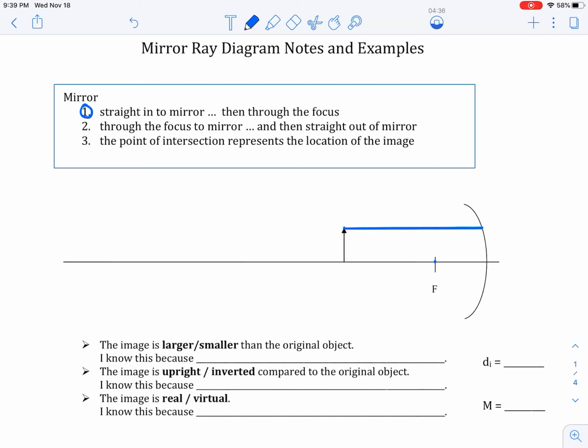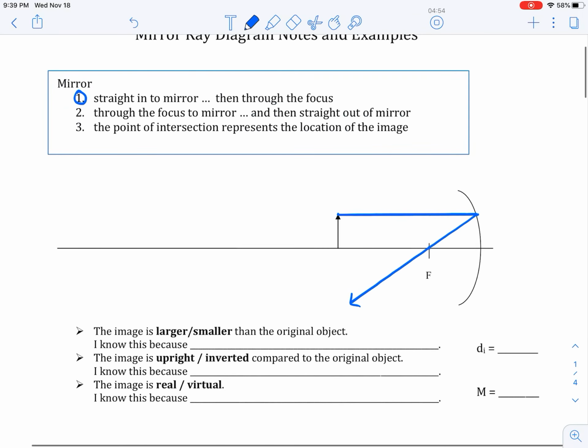So where the focus is along that horizontal axis is what we are looking for. So we're going to take our straight edge and we're going to go from the mirror through the focus. So take your ruler so that it passes through the focus, and then you simply draw where the light is moving along that path.